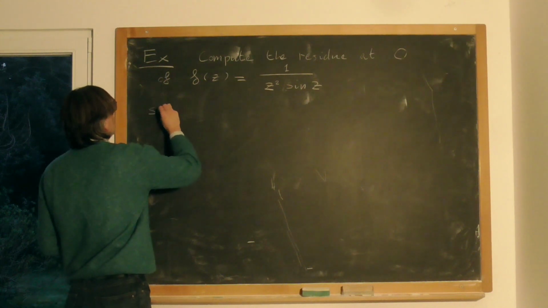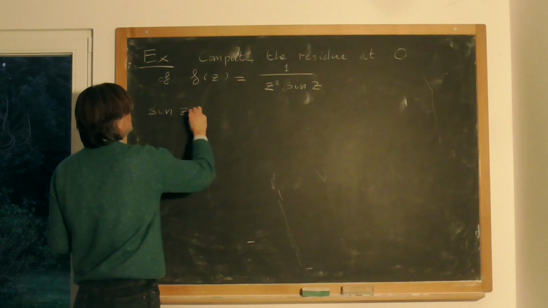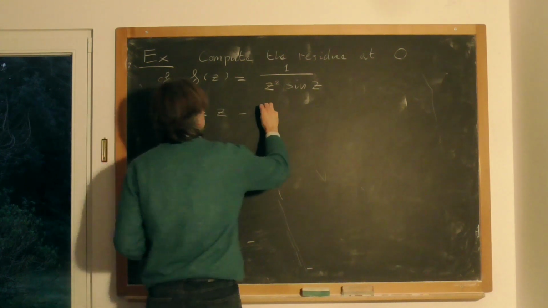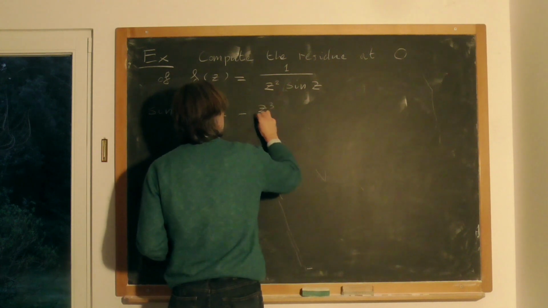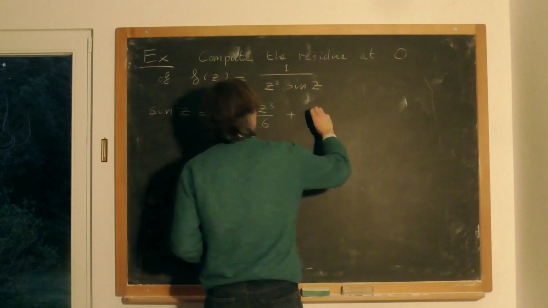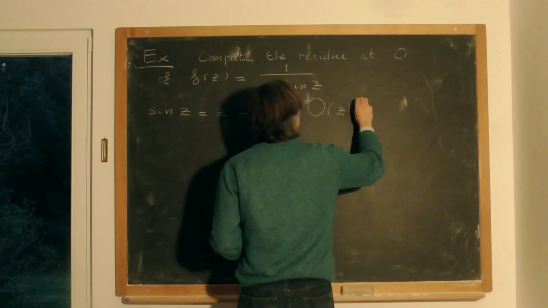the power series expansion for sine. We know that sine of z is z minus z cubed divided by 3 factorial, so divided by 6, plus what remains is a big O of z to the 5.